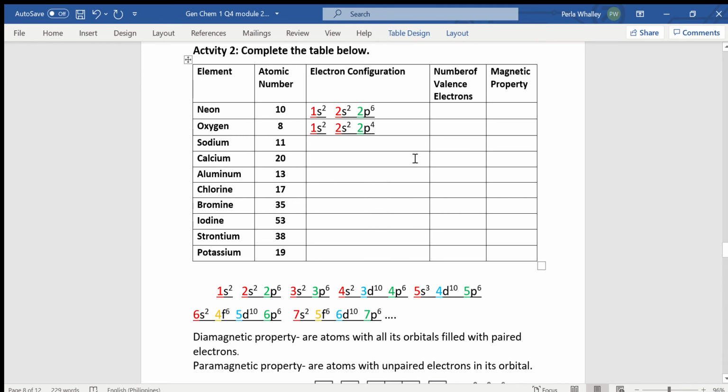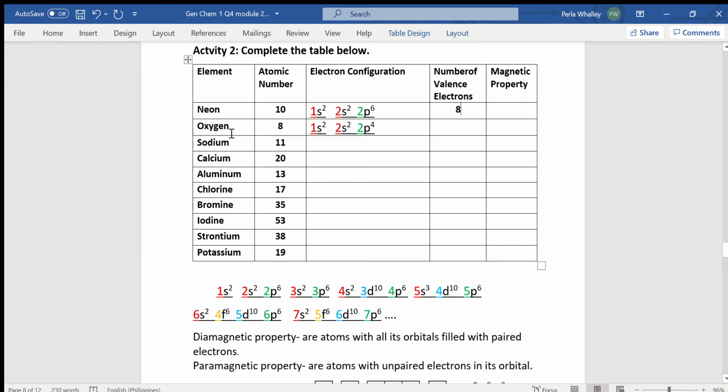Now, how about the valence electrons? Remember that the highest coefficient here would be the outermost energy level, and you just need to copy these electrons and add here 2 plus 6. So the number of valence electrons would be 8.